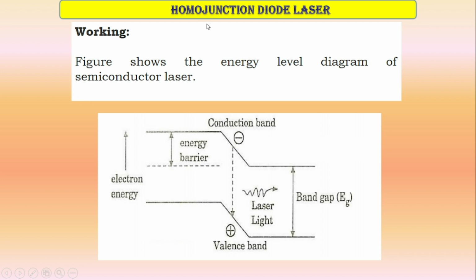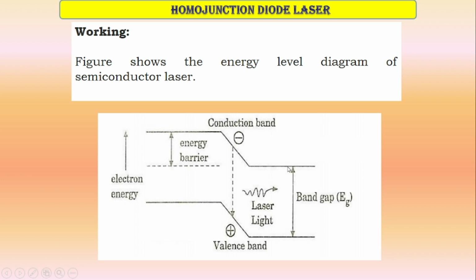Now let us see the working of the homojunction diode laser. This shows the energy level diagram of the p-n junction diode, in which this represents the p region energy level diagram, and this shows the energy level diagram of the n region.